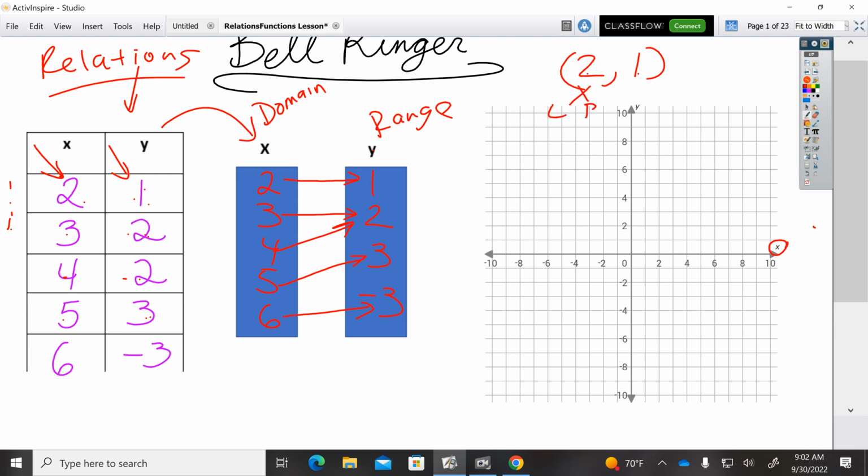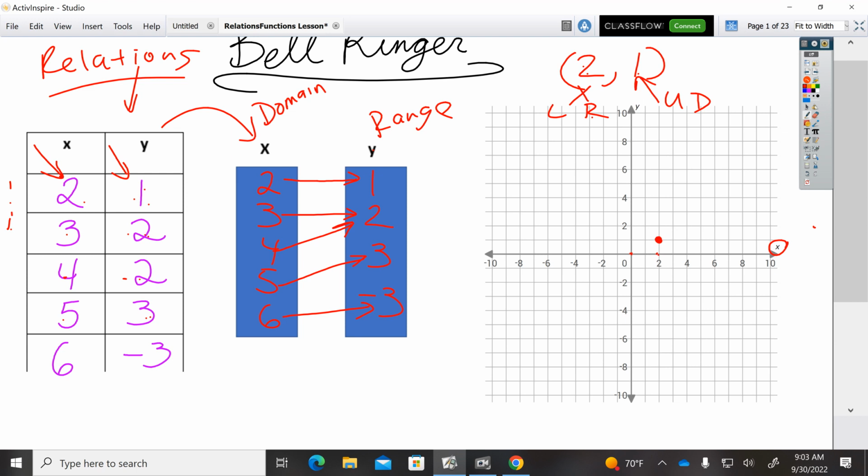This number is your Y-axis, so it's going to be up or down. So start from the middle, from the origin, and move accordingly. +2, would that be right 2 or left 2? Right 2. So right 2 and up 1. There's my point.